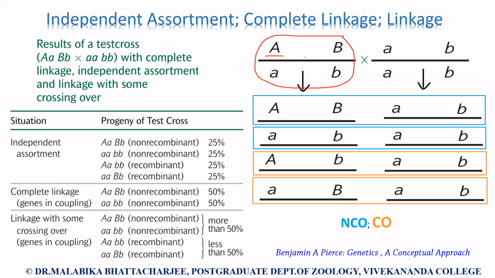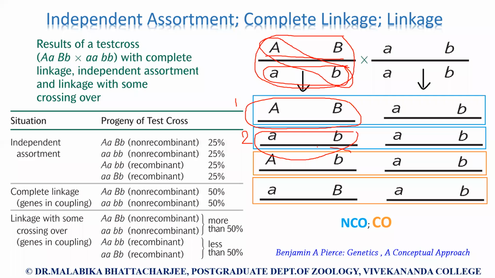So we will get a capital A, capital B condition. So this is our first gamete. Then we will get a small a, small b combination. So this is our gamete number 2. We will now get a recombinant product, capital A, small b.